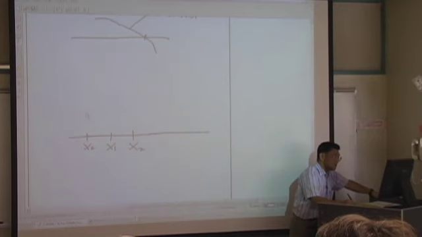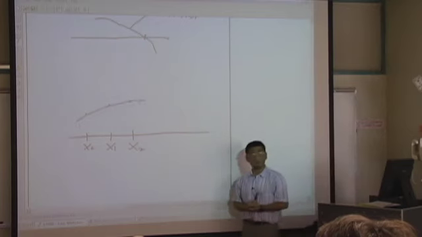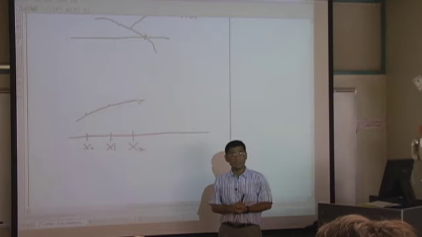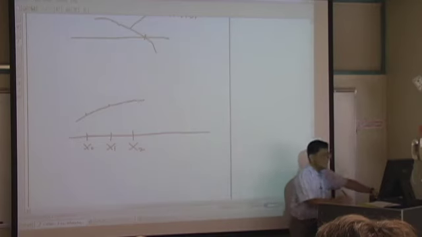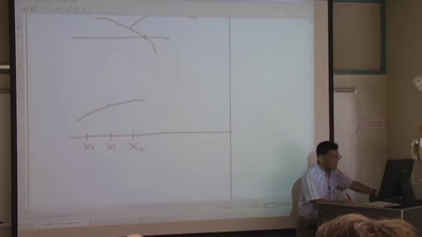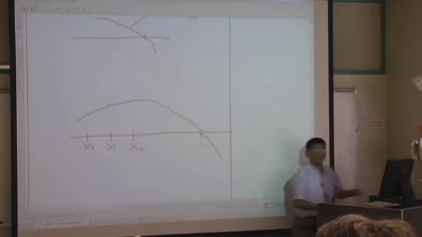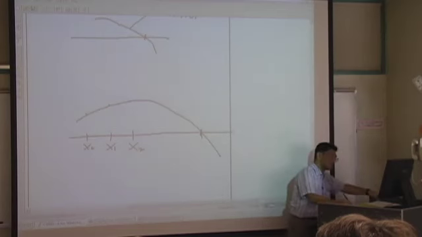Then we can find the second order equation, a quadratic function, passing through these 3 points. This becomes a parabola and it cuts the line at some point. So from x0, x1, x2 we can get x3.